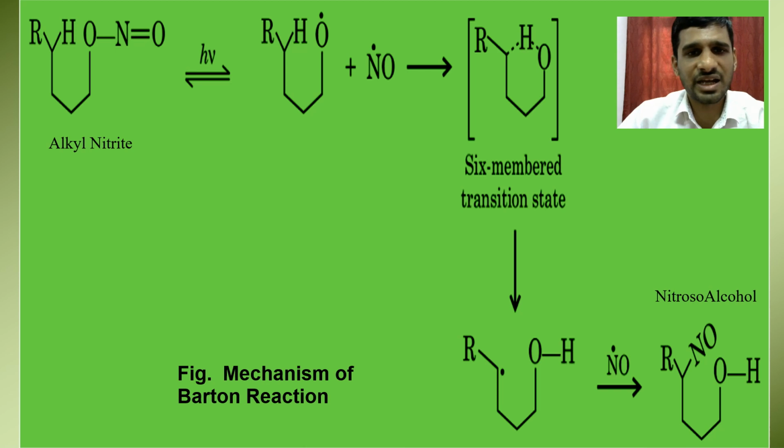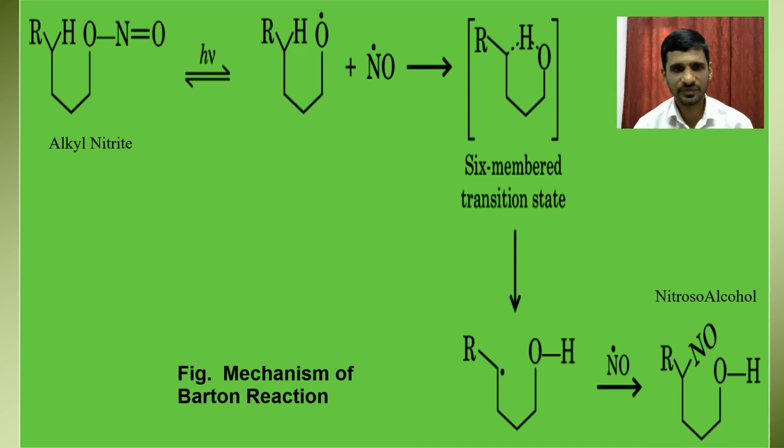So this delta hydrogen can undergo 1,5 hydrogen shift to form alkyl free radical. This alkyl free radical then combines with nitric oxide free radical to form delta nitroso alcohol. This is our product delta nitroso alcohol, which is formed via 6-member transition state. Clear? I hope mechanism of Barton reaction is clear.